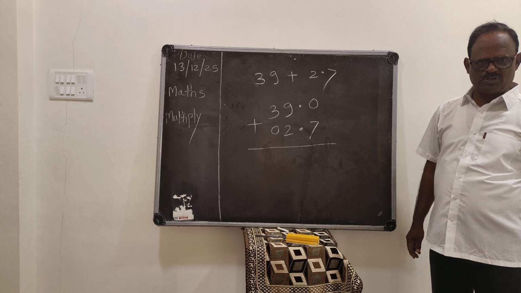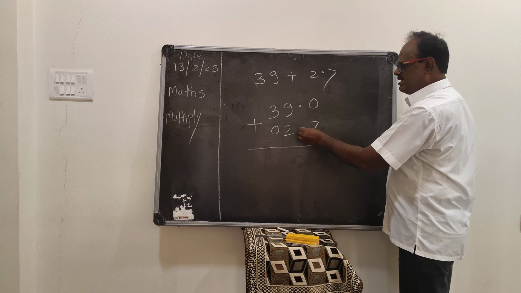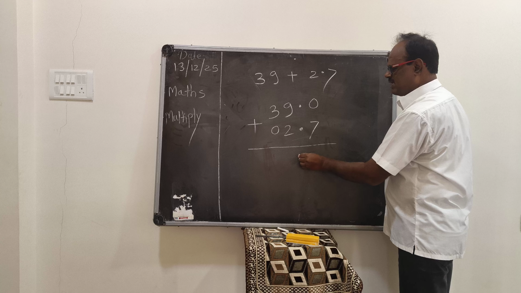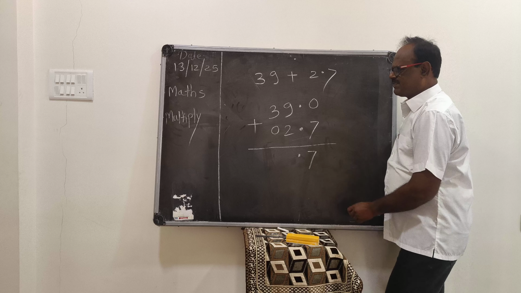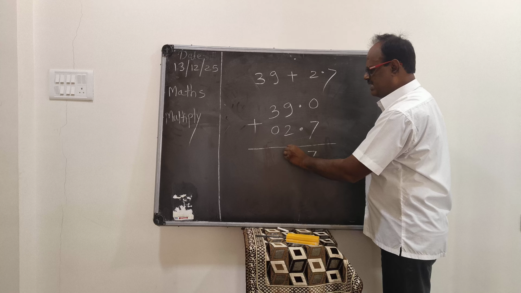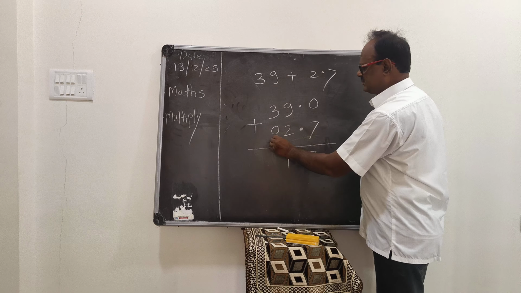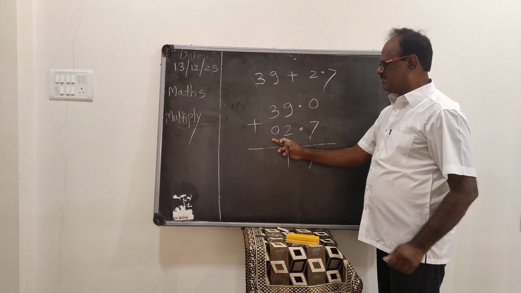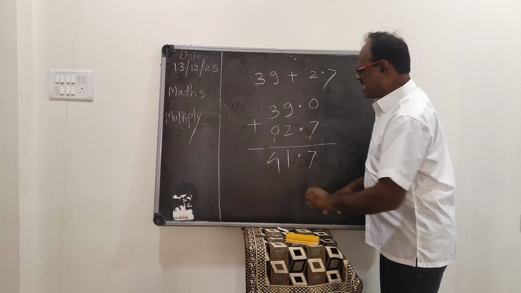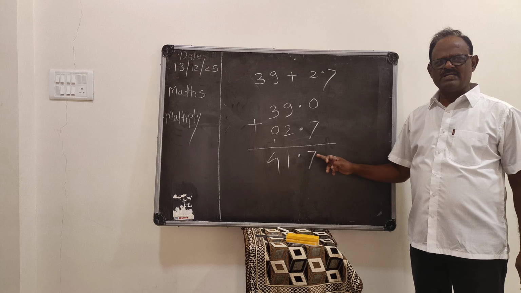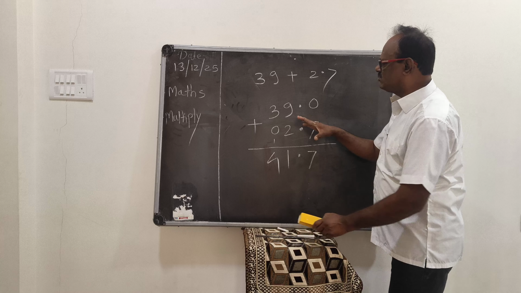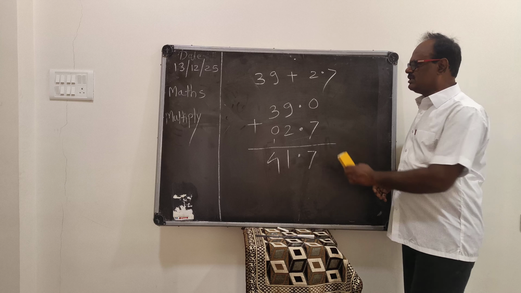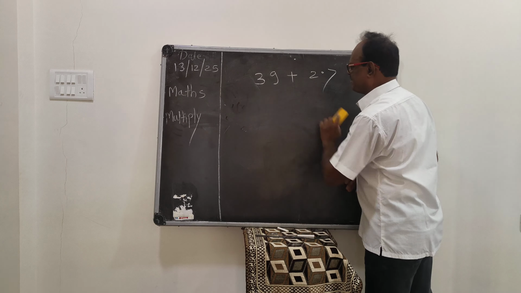Now it's very easy for you. Decimal point is always below the decimal point. Now 7 plus 0, 7. 9 plus 2, 11. Carry 1, that I am writing here. And 3 plus 1, 4. The answer is 41.7. So this is the simple trick how to add decimal numbers.